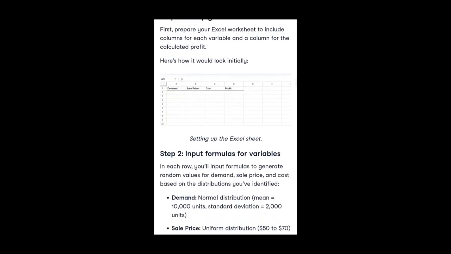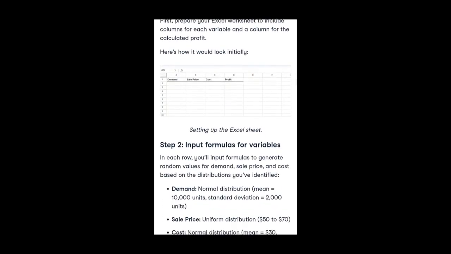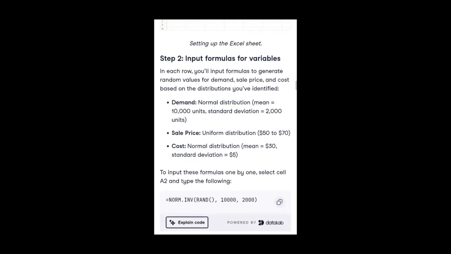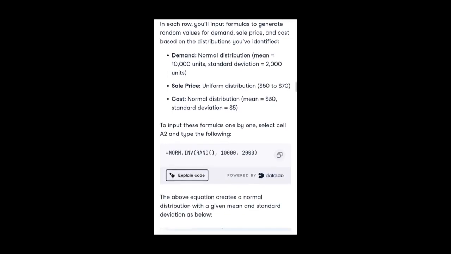Now we have to apply Monte Carlo simulation in the Excel sheet. First we have to take the columns demand, sale price, cost and profit. So prepare your worksheet to include columns for each variable and a column for the calculated profit. Next step is input formulas for variables.